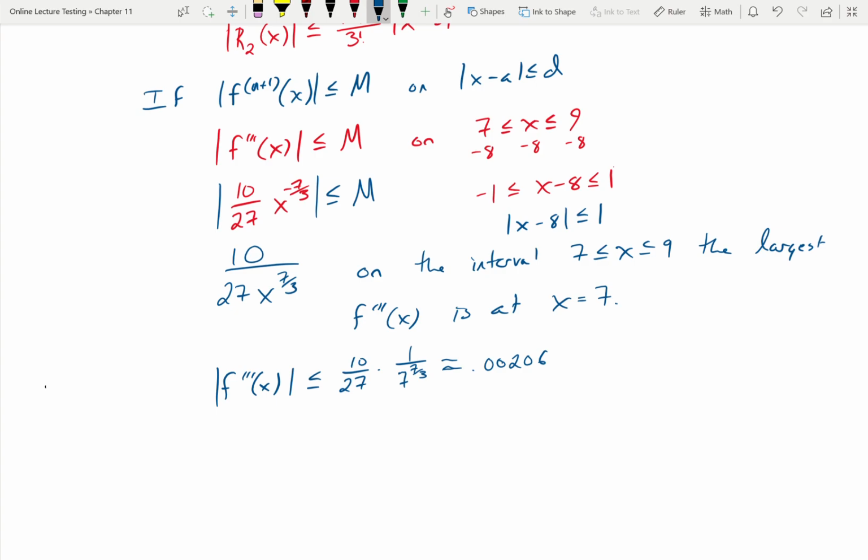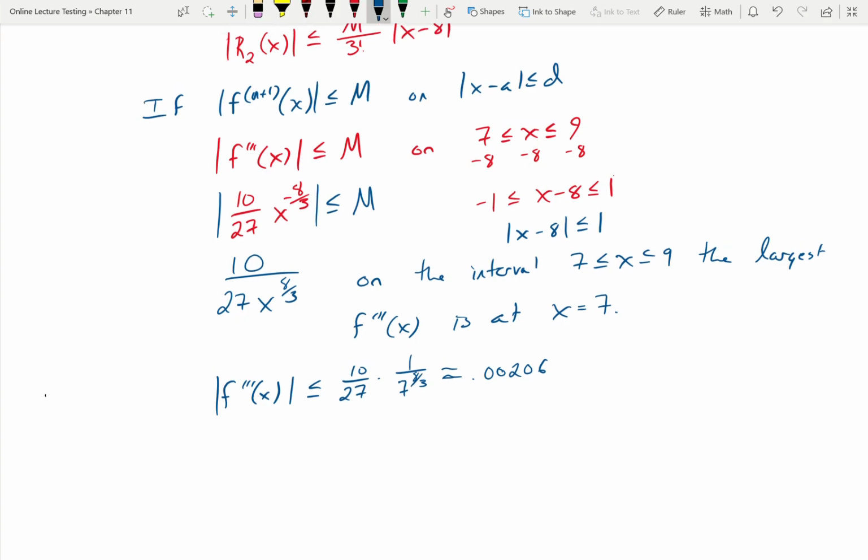Oh, I messed up. Let's go back for a second because we need to fix something. This is supposed to be to the 8th power. I subtracted by 2 instead of by 3 when I dealt with this. So I need to fix some things, and we'll make a note of that.